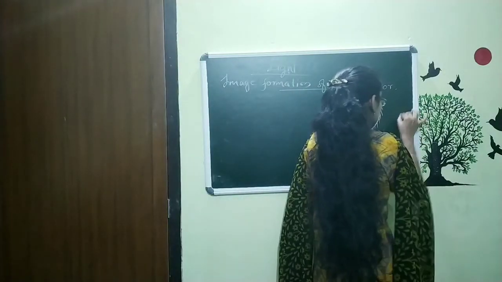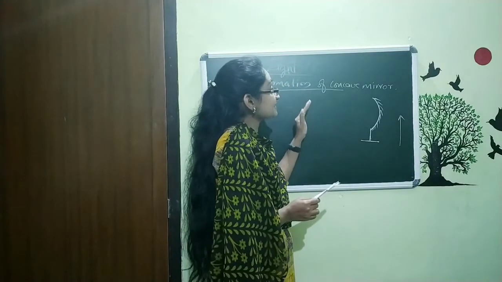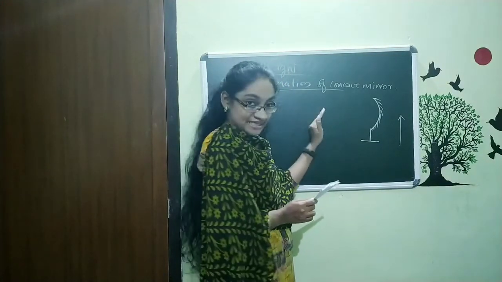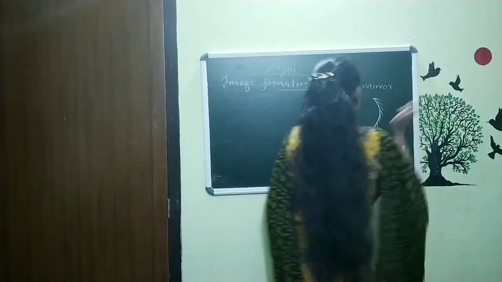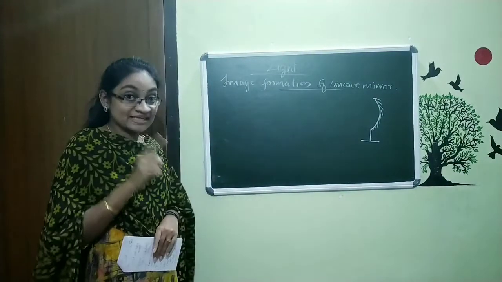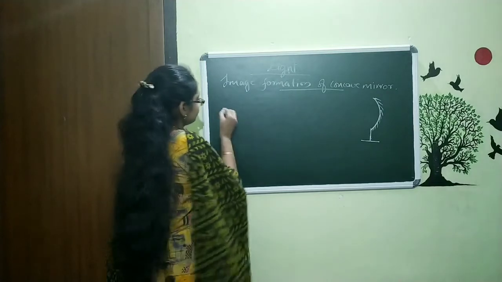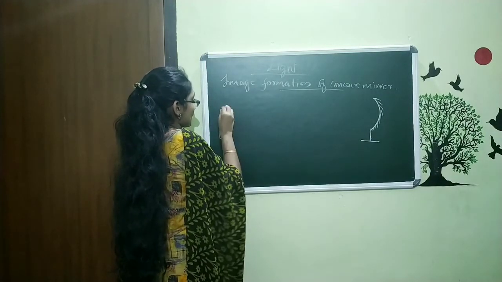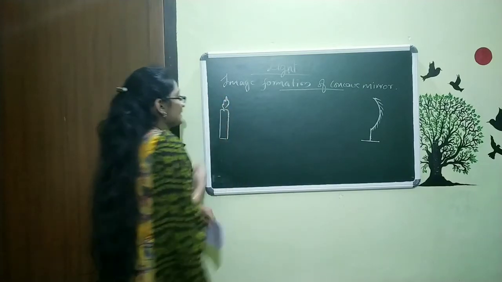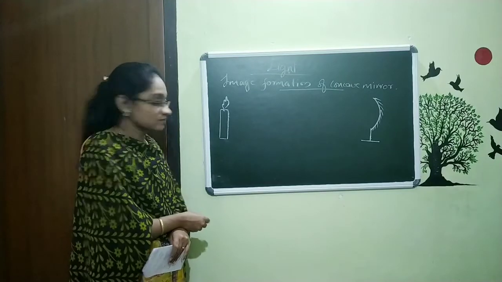That means we don't want to place the object here, there is no use. So we place the object on this side, at the left side of this. Here I am selecting the object: a lighted candle.